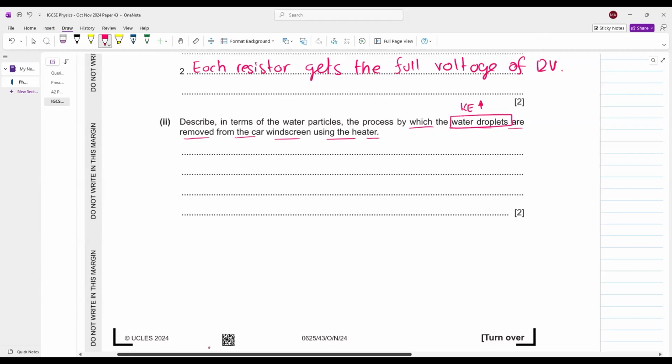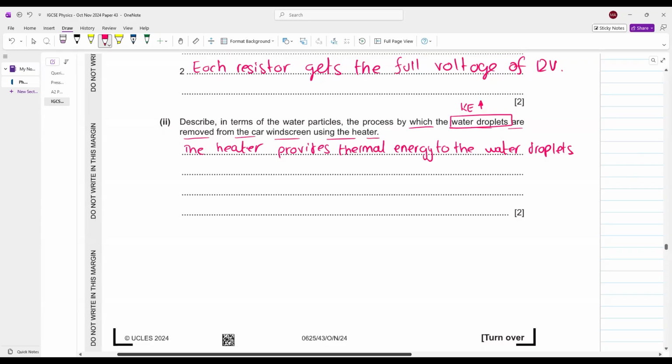You will say that the heater provides thermal energy to the water droplets. What will happen?